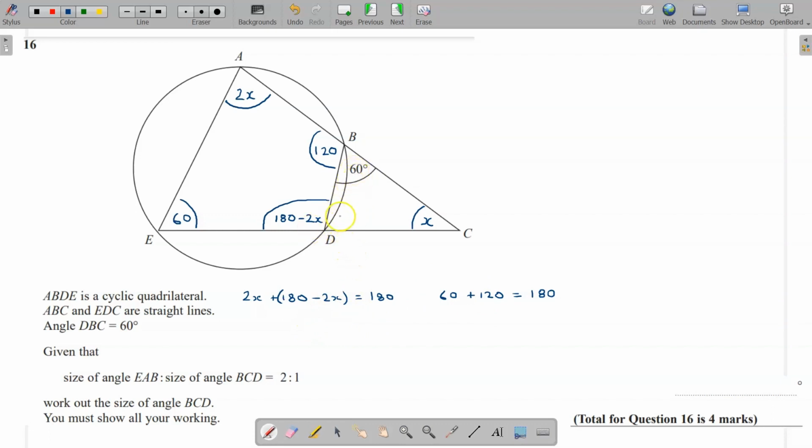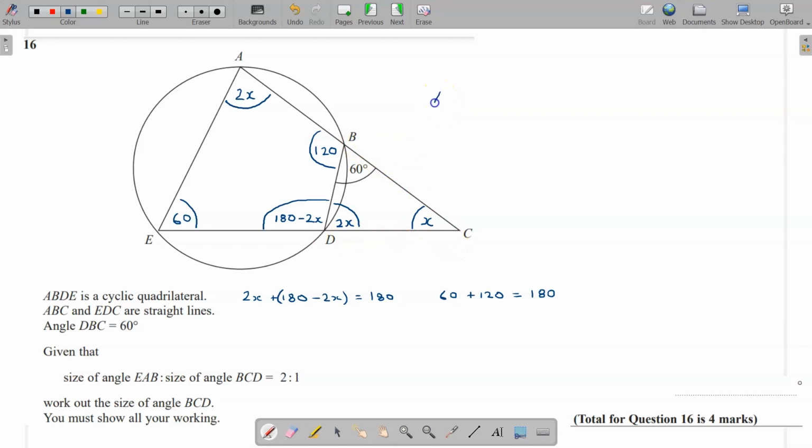We've just got one more angle to do, and that's this one here, which has to be 2x. The reason is simply because that's a straight line, EDC. So we've got 180 minus 2x plus 2x equals 180. So we now have a triangle, triangle BCD.